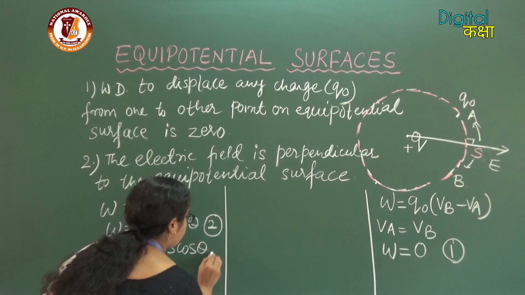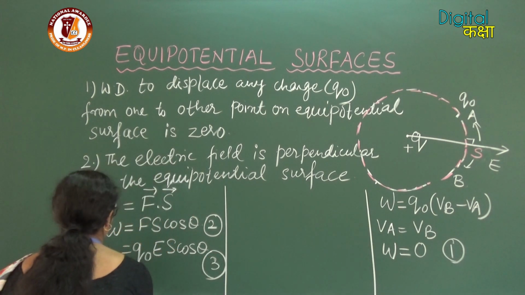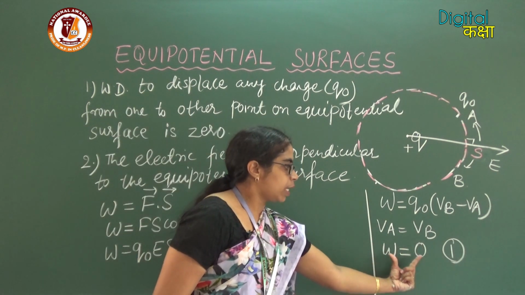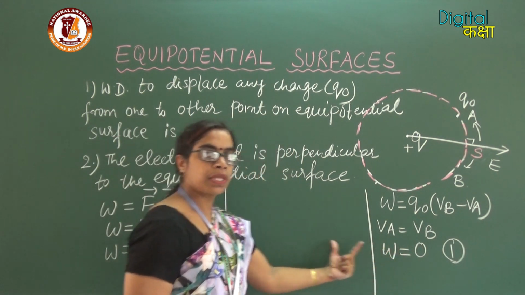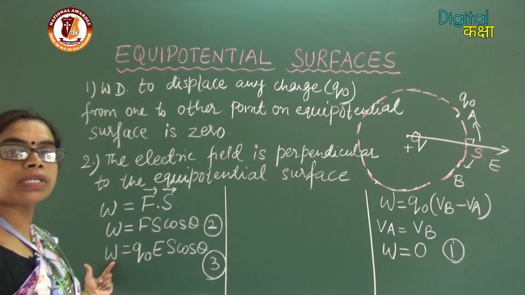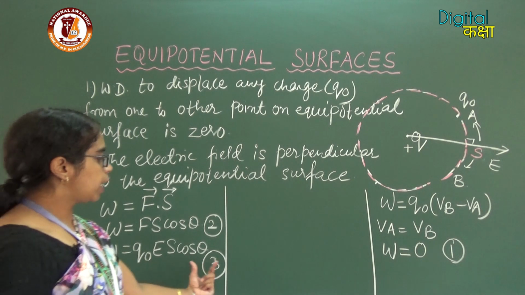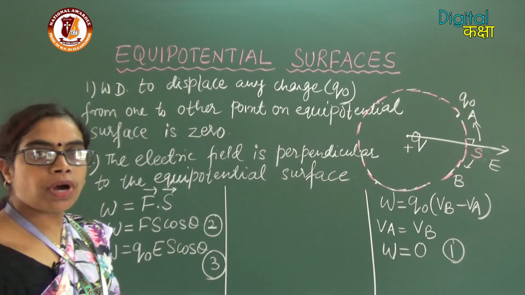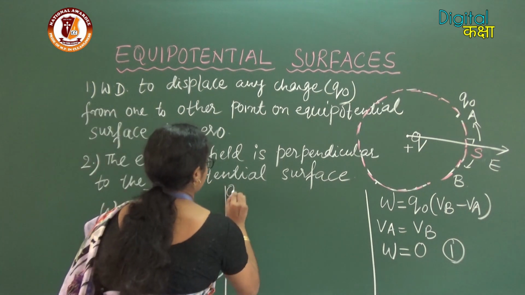So let us take it to be equation number 3. Now in equation number 1, LHS is work done. In equation number 3 also the LHS is work done. So we can equate the RHS values of the two equations 1 and 3.